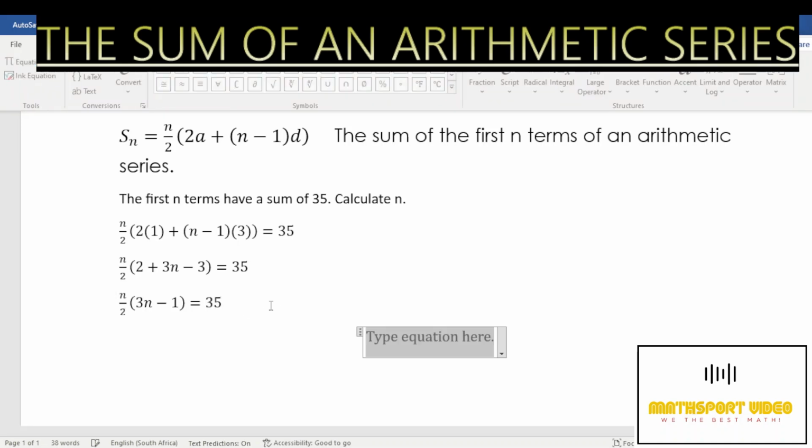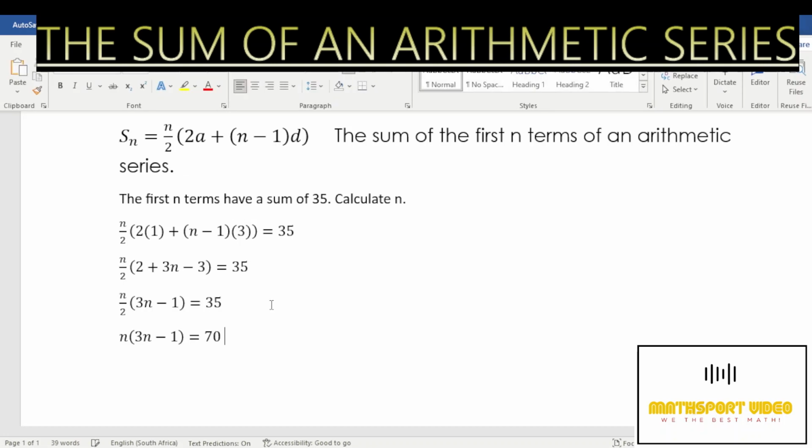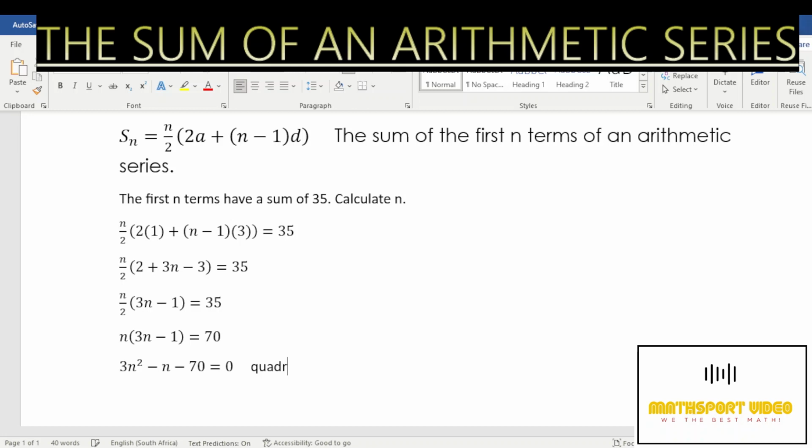Okay, so then we have just n, not n over 2 anymore, just n, times 3n minus 1 is now equal to 70. 3n squared minus n minus 70 equals 0. Okay, so what we have there, we have a quadratic equation.